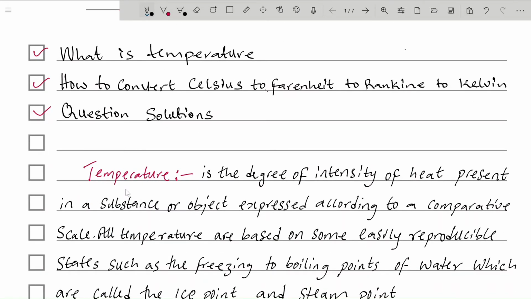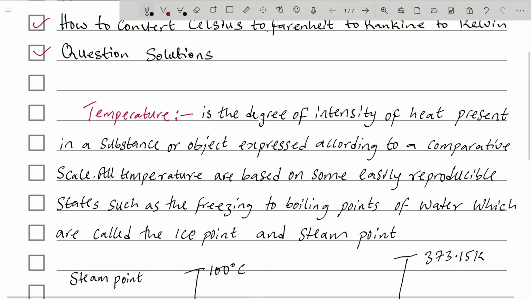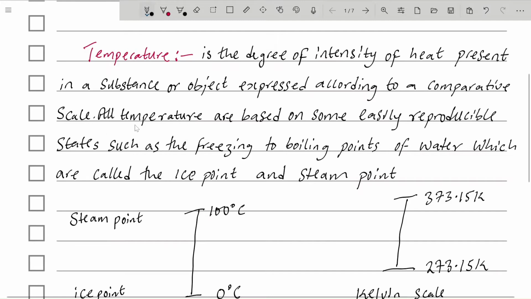What is temperature? Temperature is the degree of intensity of heat present in a substance or object expressed according to a comparative scale. All temperatures are based on some easily reproducible states, such as the freezing to boiling point of water, which are called the ice point and steam point.